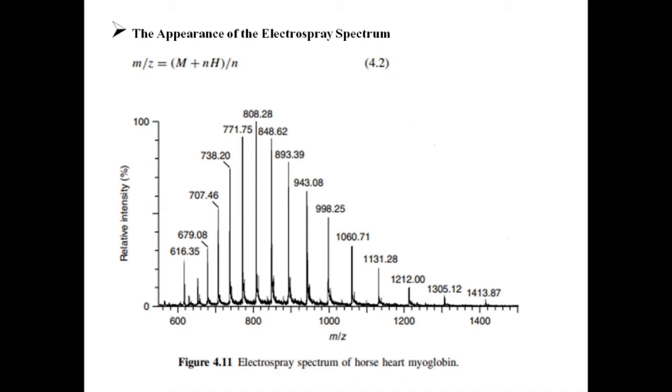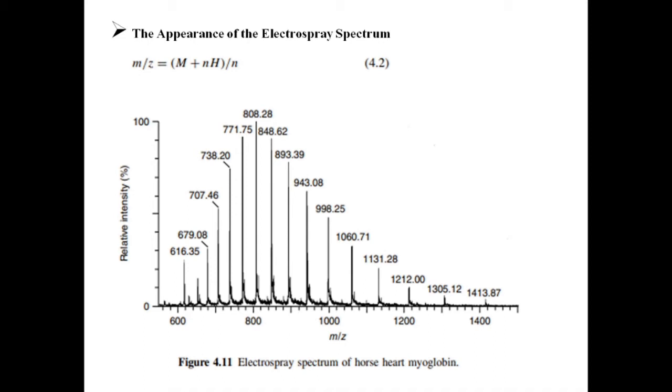Electrospray is unique, however, in that if the analyte contains more than one site at which protonation in the positive ion mode or deprotonation in the negative ion mode may occur, a number of molecular ions with a range of charge states is usually observed.